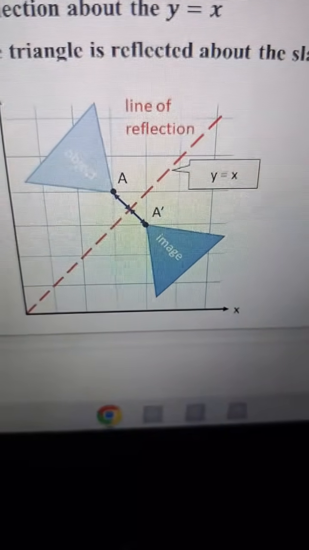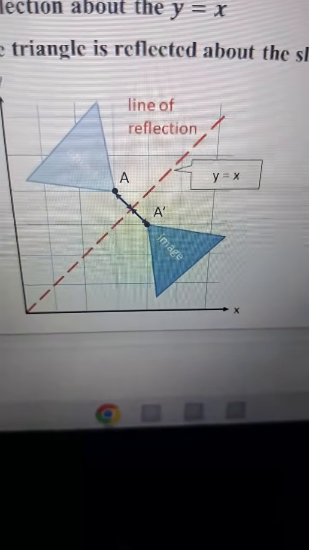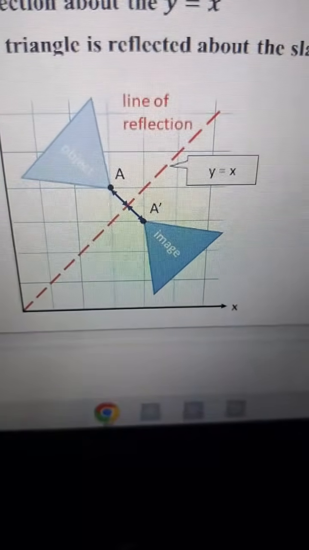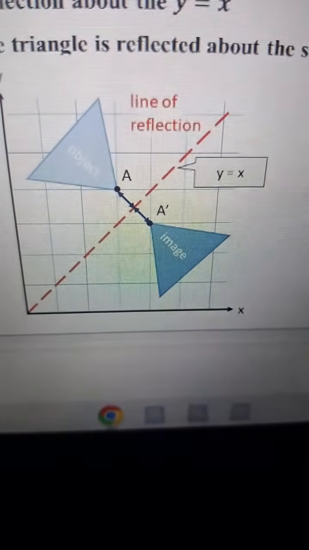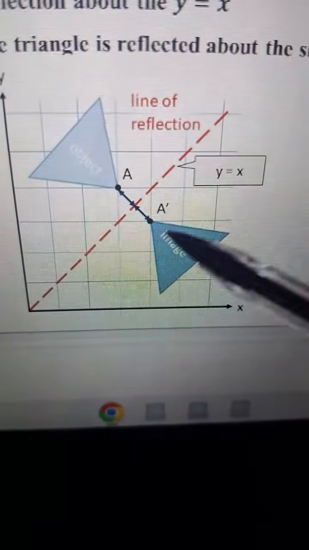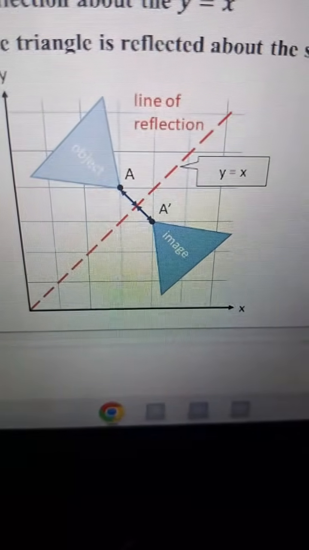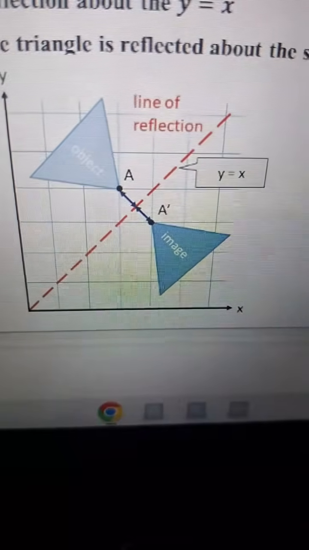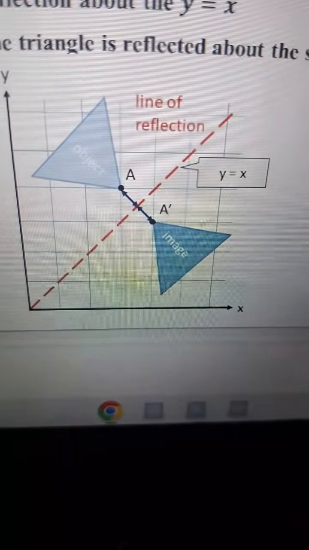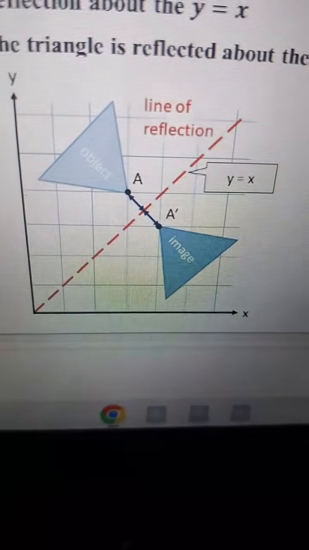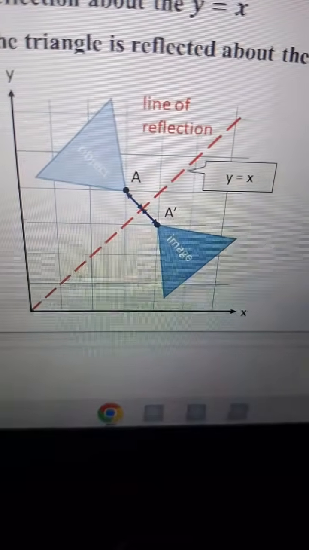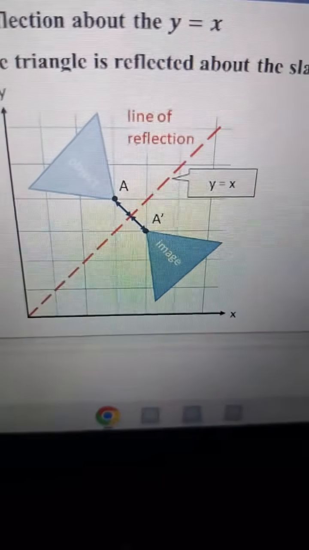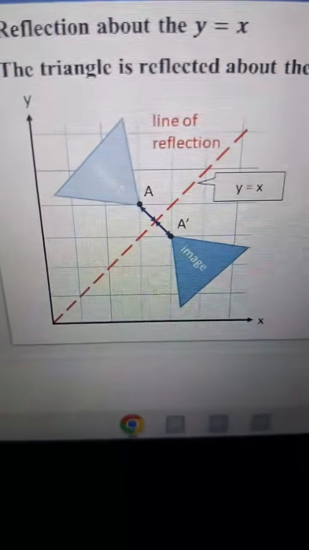We said that there will be a swap in y and x. Y and x simply swap around because they are reflected along the line y is equal to x. That's a visual take of what we are doing here.